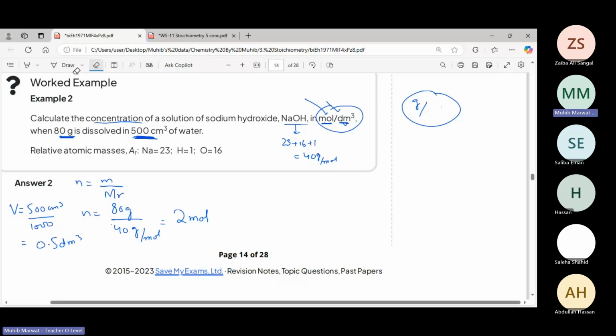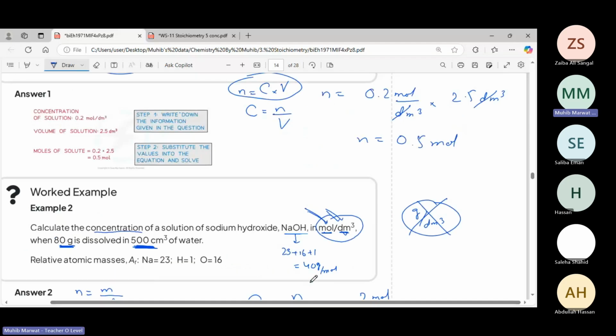As they are asking us to find concentration in moles per dm cube, we will just do it like that. Concentration is equal to number of moles divided by volume in dm cube. So number of moles is 2 moles and volume is 0.5 dm cube, right? So you will have to calculate it.